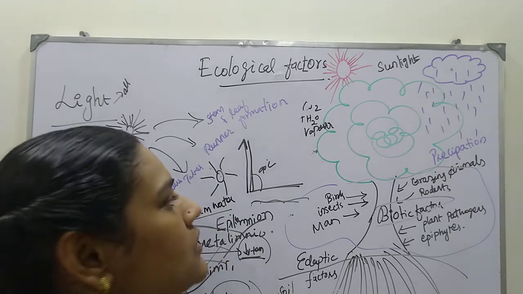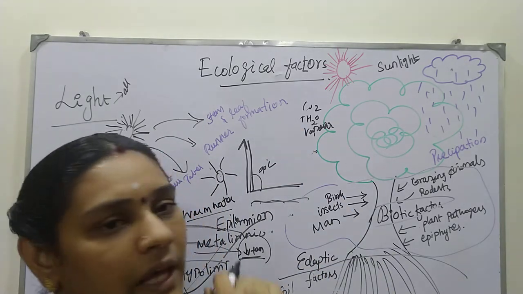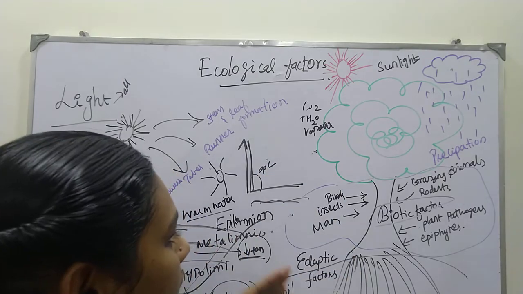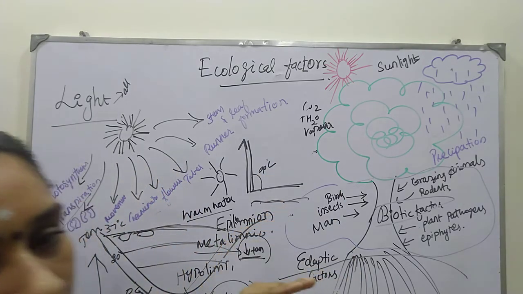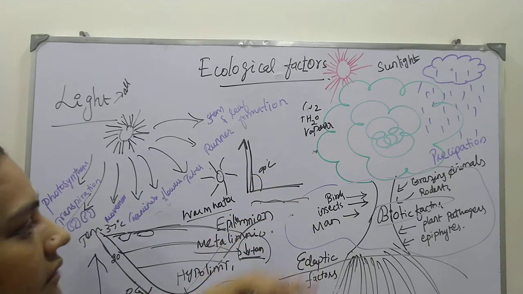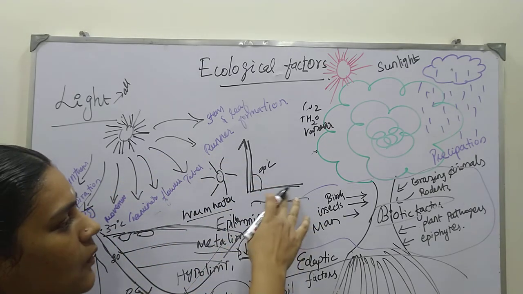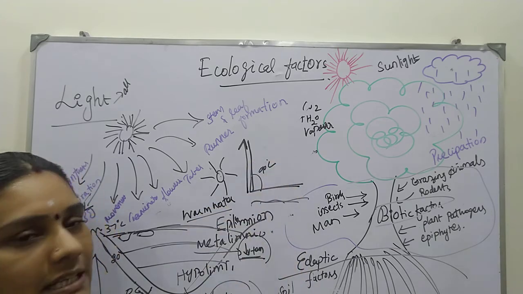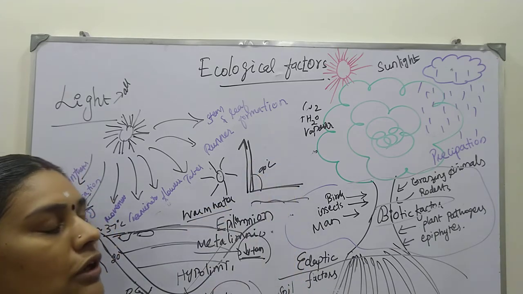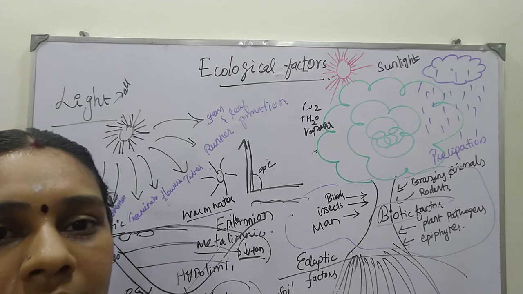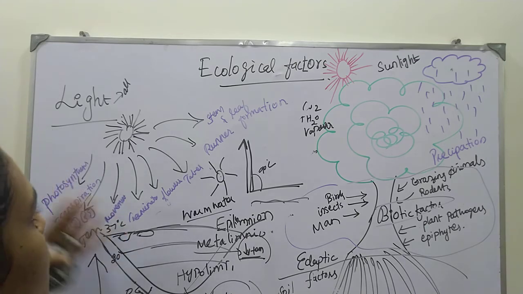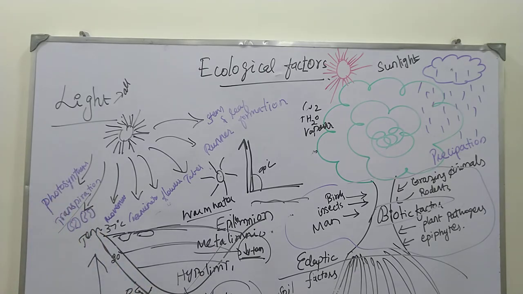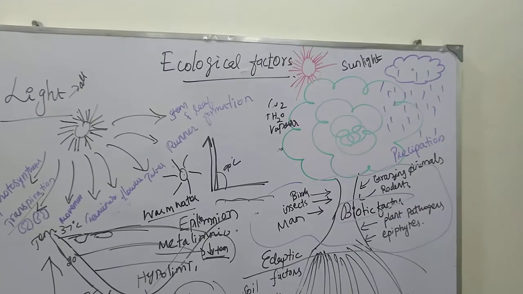So the 90 degree angle from the earth is called the latitude, and above the sea level is called the altitude. In the altitude and latitude you will be having different types of temperature.